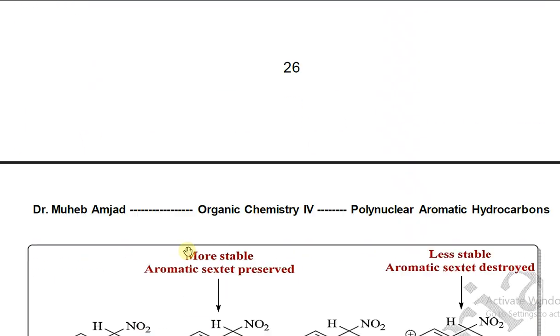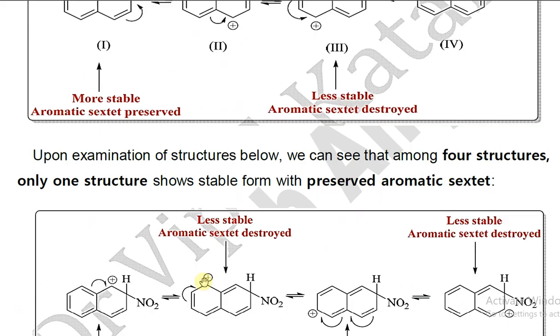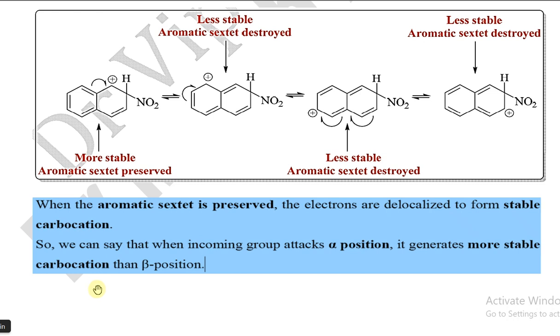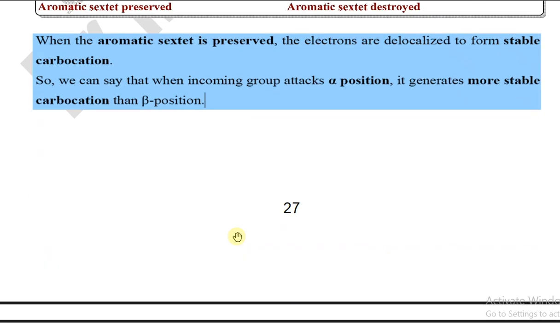When the aromatic state is preserved, not destroyed, the electrons are delocalized to form a stable carbocation. So we can say that when the incoming group attacks the alpha position, it generates a more stable carbocation than at the beta position, with more stable resonance structures.